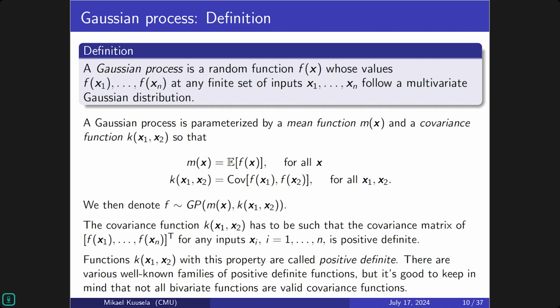So that's the definition. A Gaussian process is a random function whose finite evaluations over an arbitrary collection of inputs follow a multivariate Gaussian distribution.